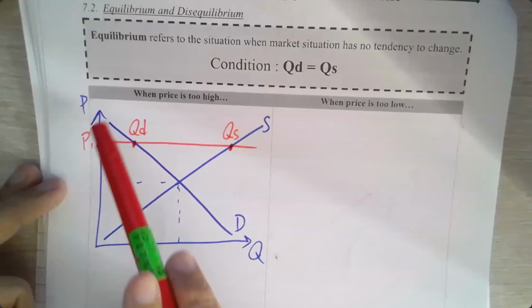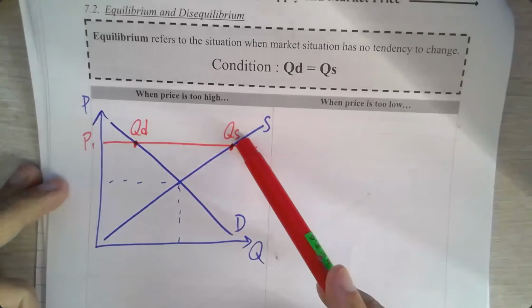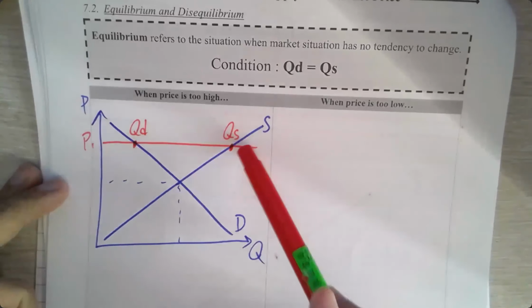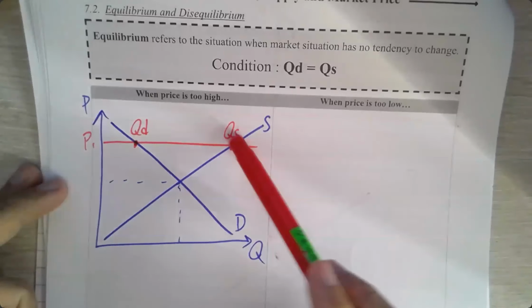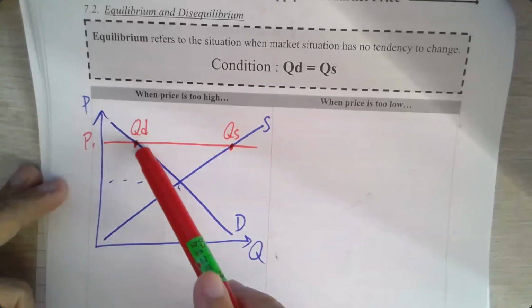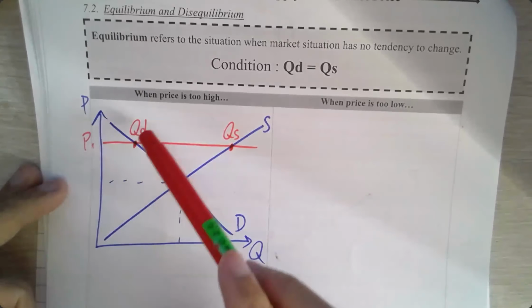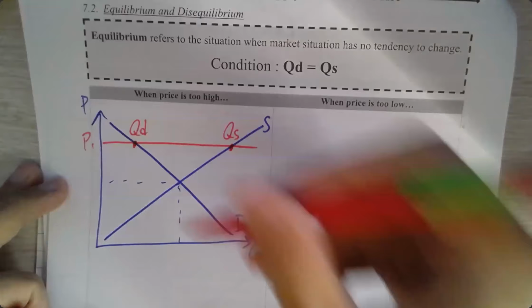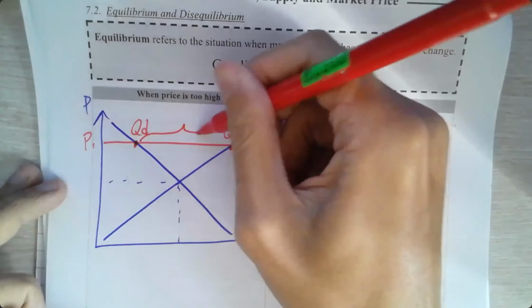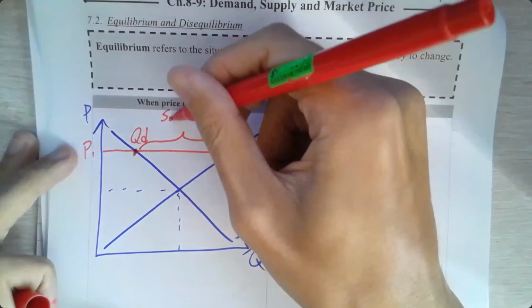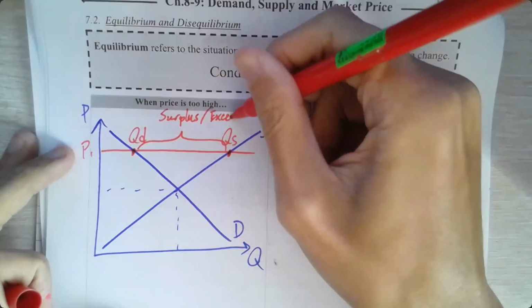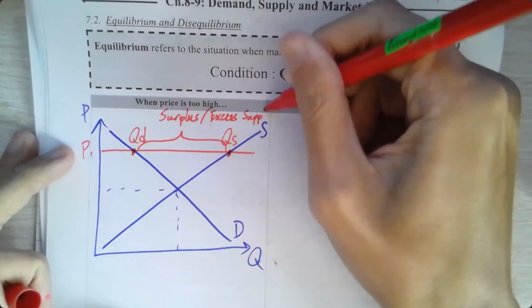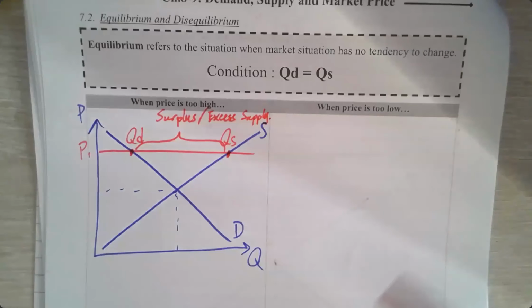咩意思啊？When the price is so high, according to the law of supply, supplier wants to sell this much. But according to the law of demand, consumer only wants to buy this much. 你發覺而家啦，係咪 QS 大過 QD 啊？First of all, let's give it a name. 原來而家 QS 大過 QD，我哋叫做 surplus 多得滯，或者叫做 excess supply 多得滯。OK, excess supply.